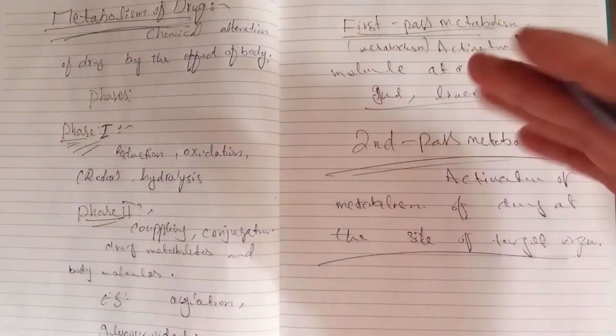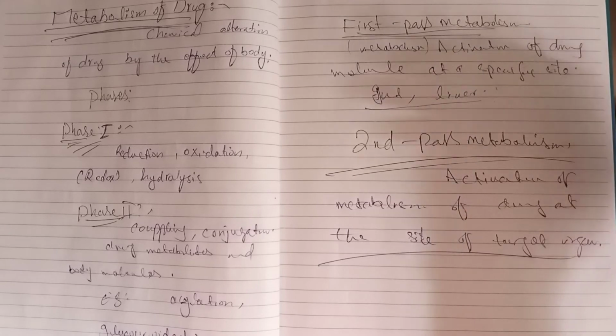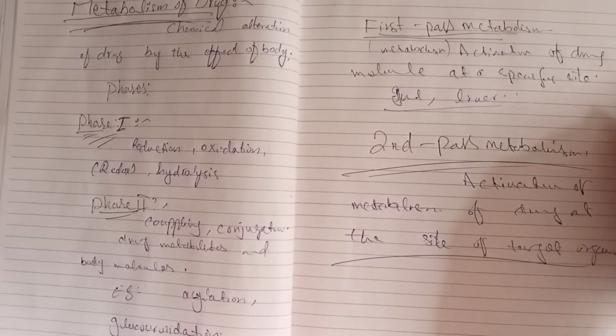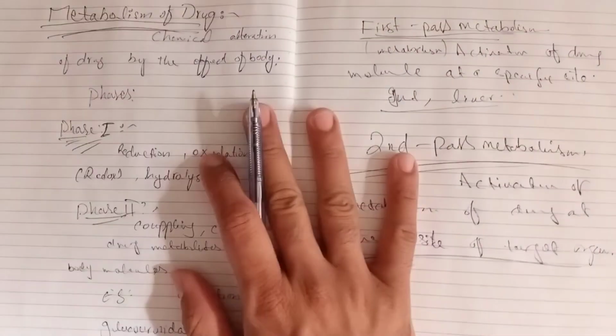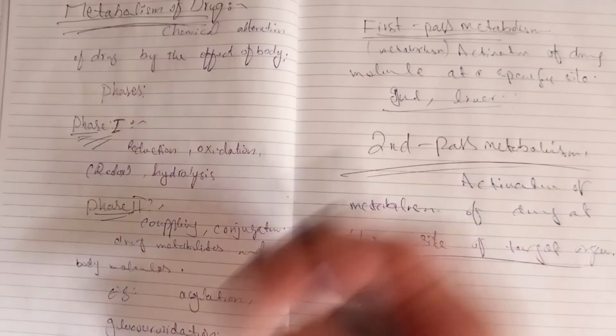First pass occurs before the target organ, mostly in the gut and the liver. The other is second pass, the activation or metabolism of the drug at the site of the target organ. So today we learned about the metabolism of the drug, a pharmacokinetics principle.